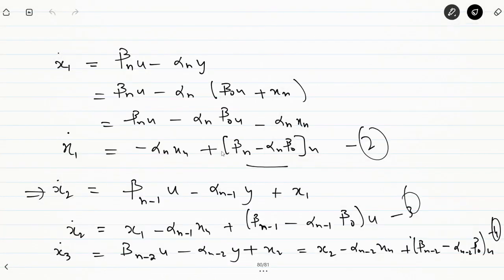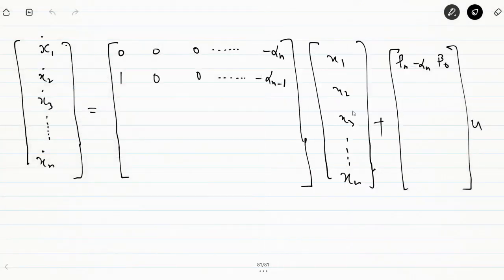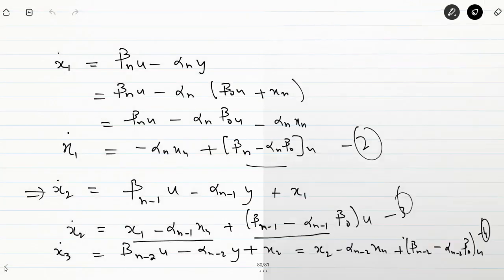Fine. Here plus beta n minus 1 minus alpha n minus 1 beta naught. Okay, now your x3 dot.